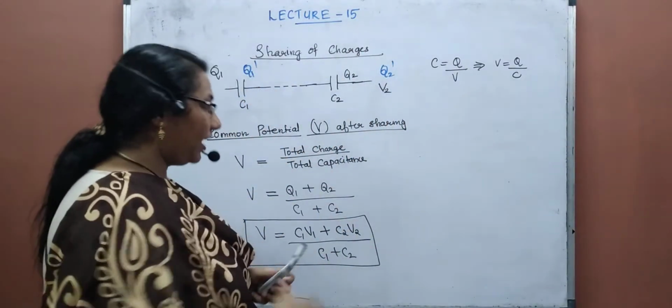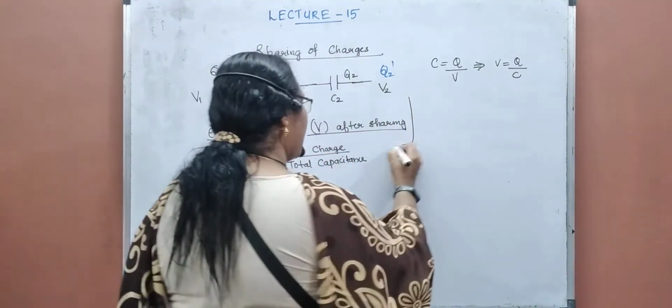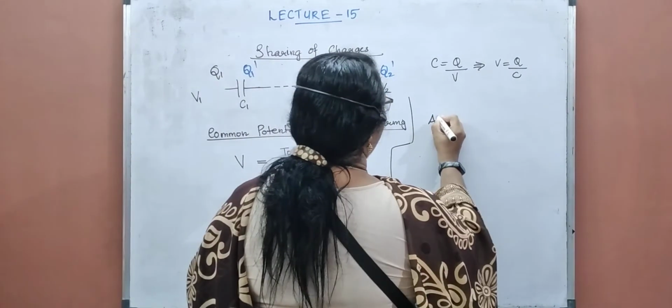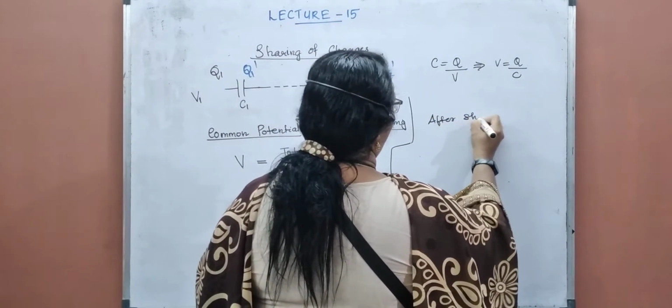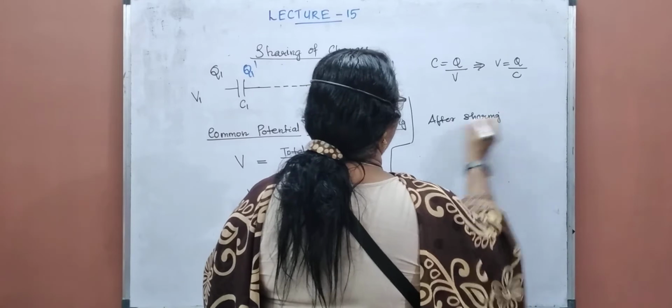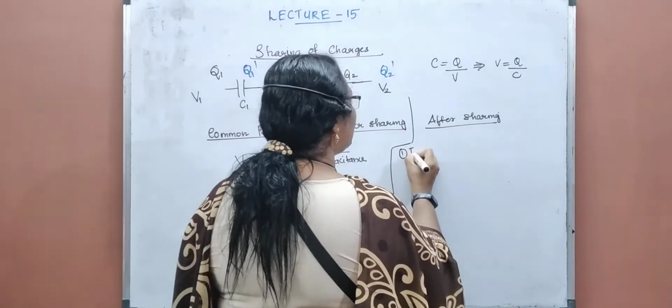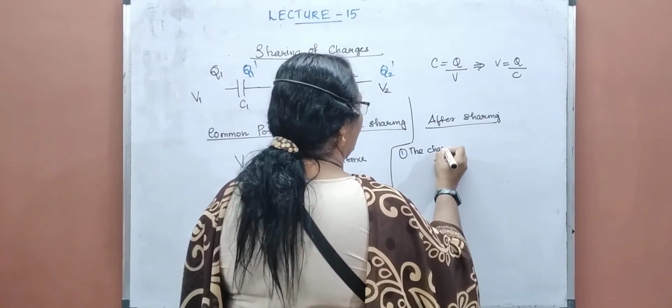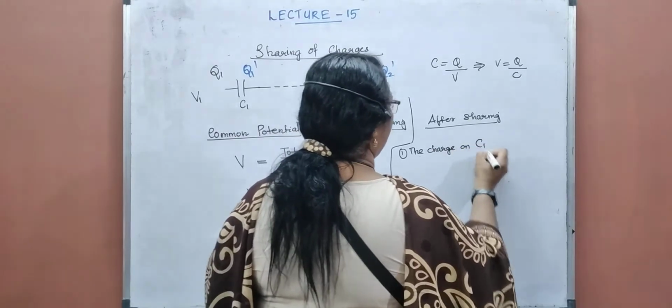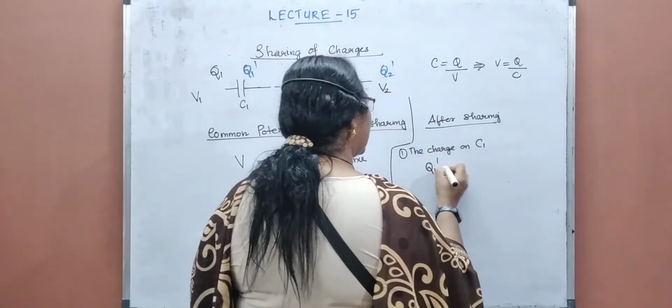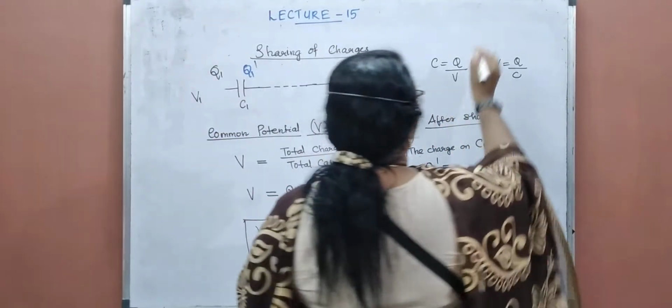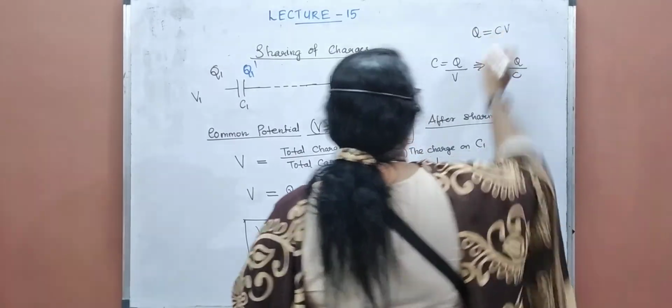So now we will write, after sharing, the charge on C1, Q1 dash is equal to, what is the equation for charge Q? Q equals CV.